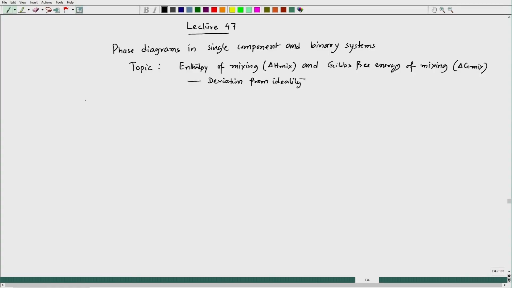Now, what we have discussed in the last lecture, we have found an expression for del H mix, and we have done it for a binary solution.